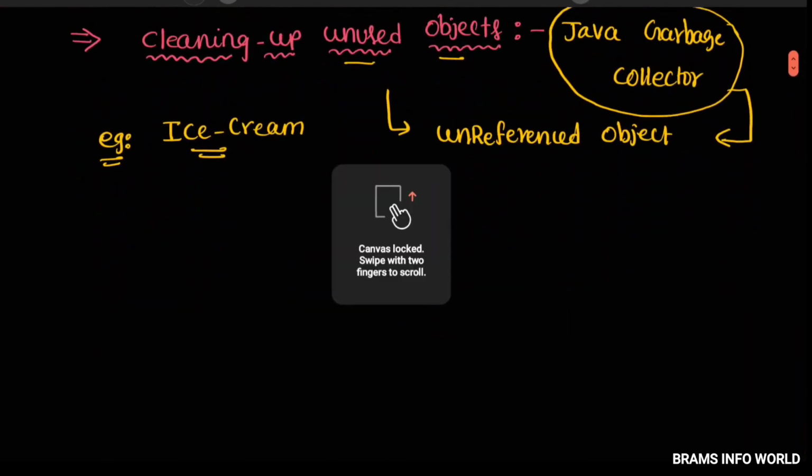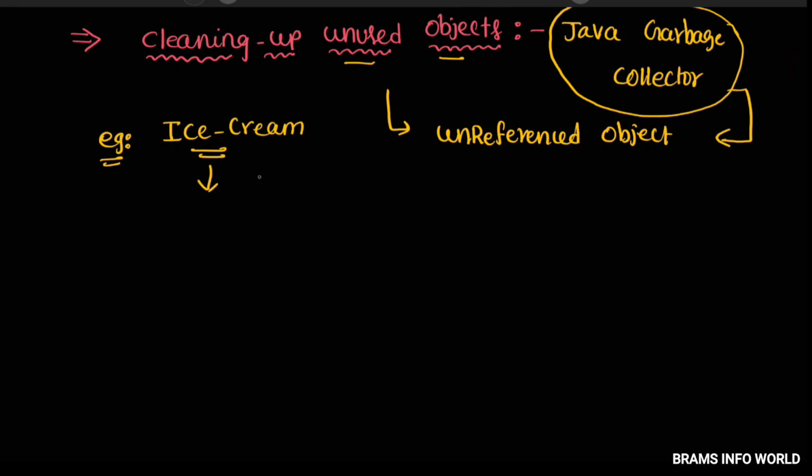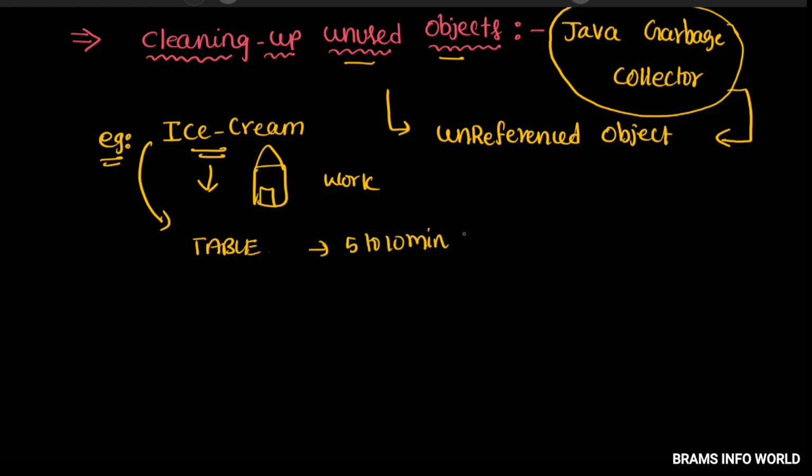You bring the ice cream home and want to eat it, but unfortunately, due to a call or some work, you keep the ice cream on the table. So what will happen after 5 to 10 minutes? The ice cream is going to melt, so it is not in an eatable condition, right?